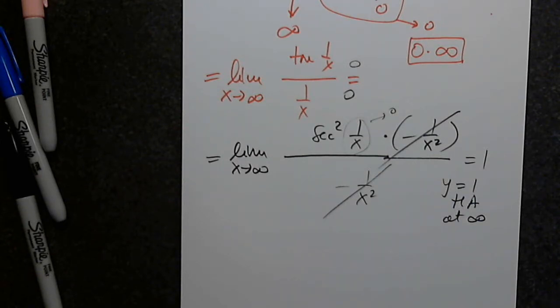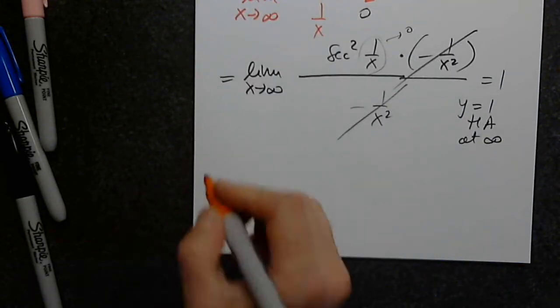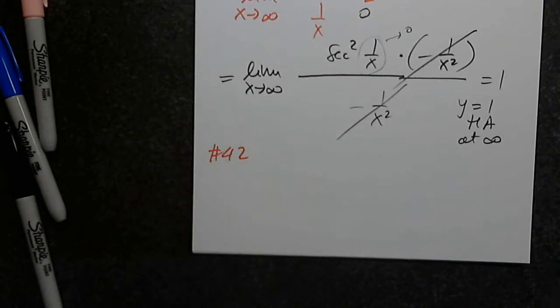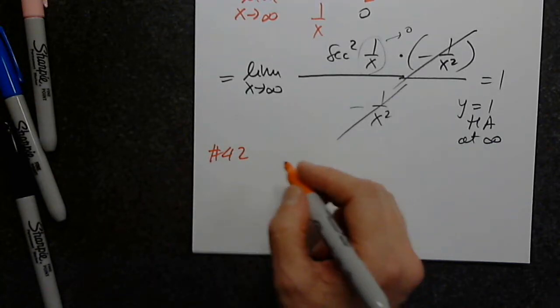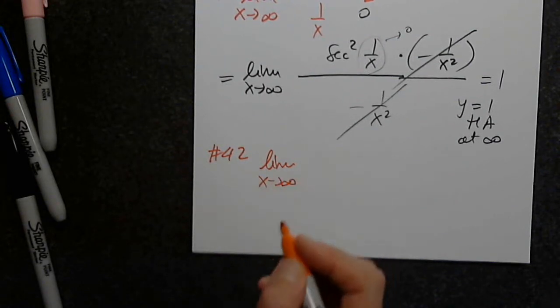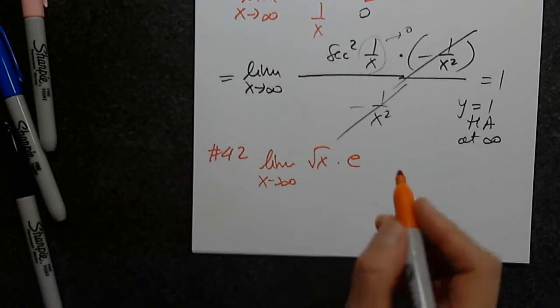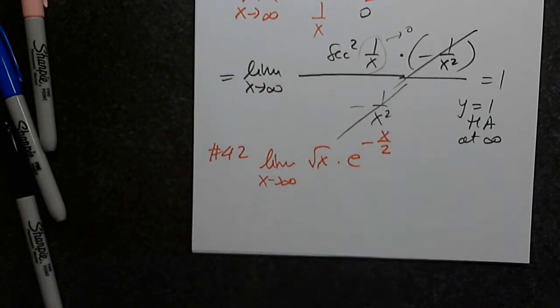Okay, let's look at one more for the product. Let's say 42. Limit, and then we look at the ugly ones. The square root of x e to negative x over 2. Okay.